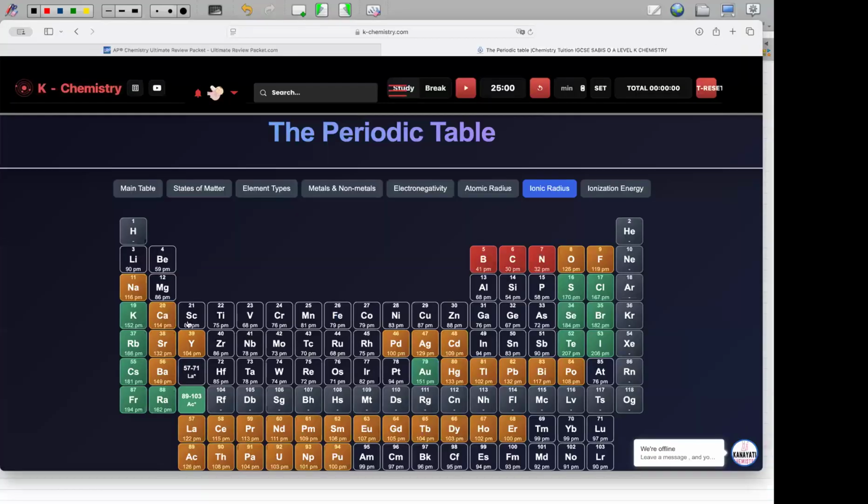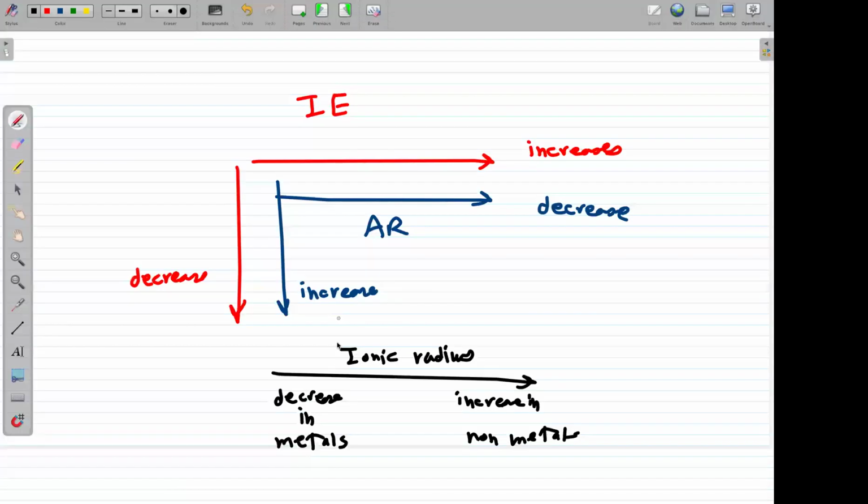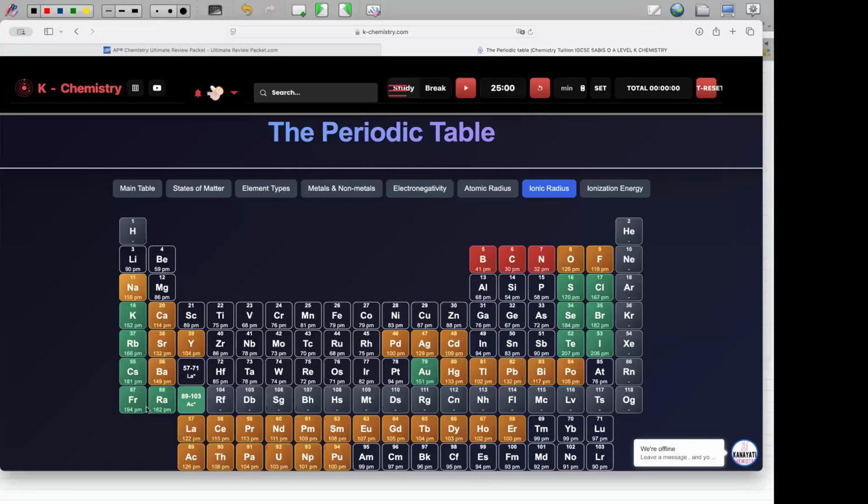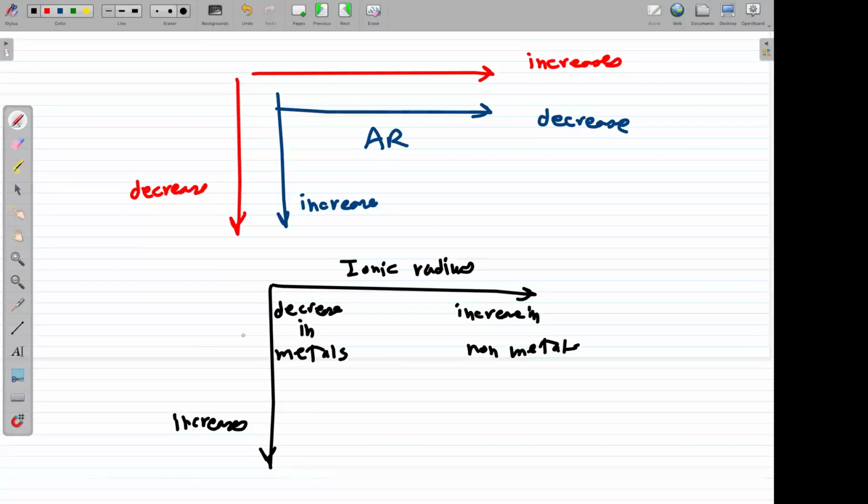While when you go down, the ionic radius is going to increase. So generally it is going to increase either in the metals or in non-metals. When you go down, it becomes similar to the ionization energies. Very important. So it increases down the group.